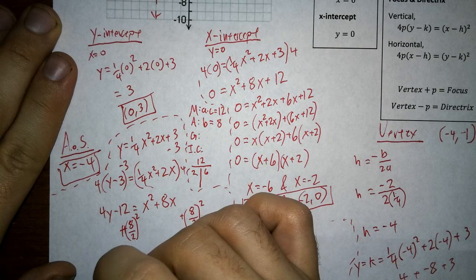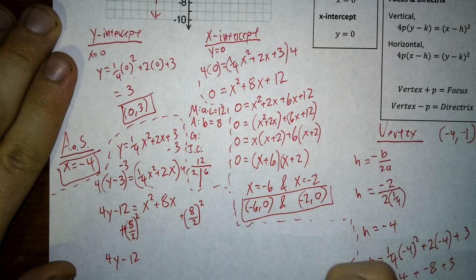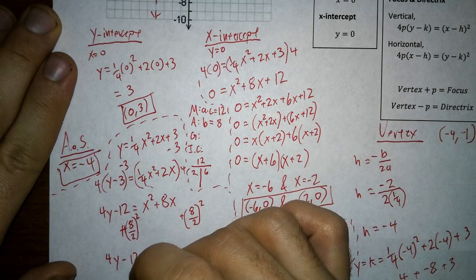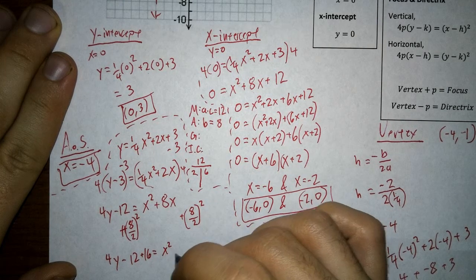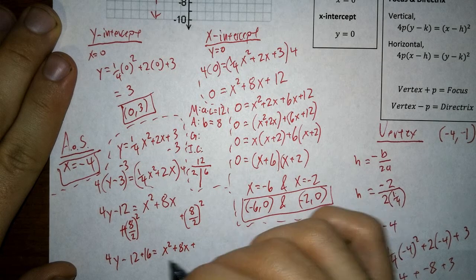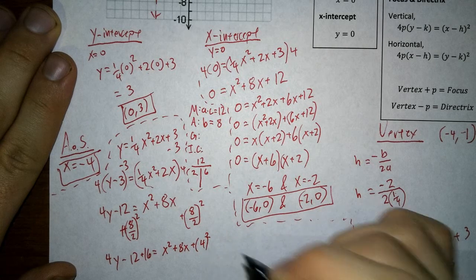That's going to give us 4y minus 12 plus 16 on the left side, since 8 divided by 2 is 4, and 4 squared is 16, equal to x squared plus 8x plus, and instead of writing 16, I'm going to write 4 squared.